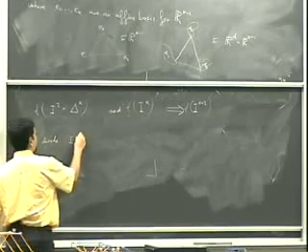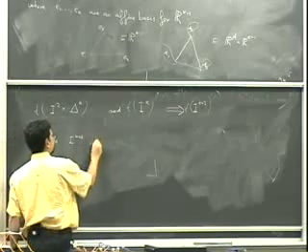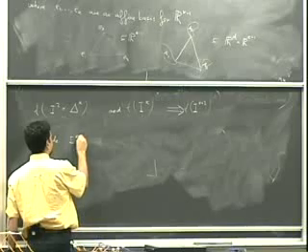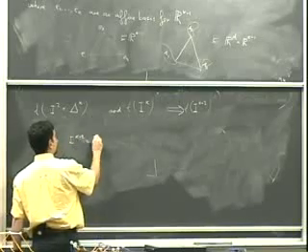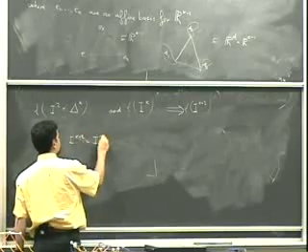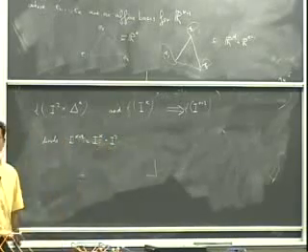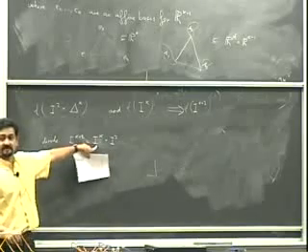divide I^(k+2), which equals I^k times I^2, I can first triangulate that.